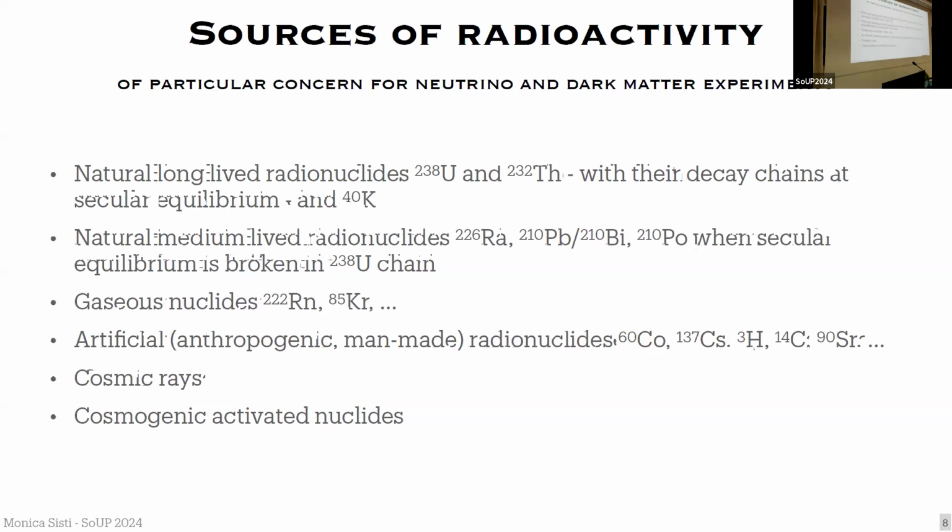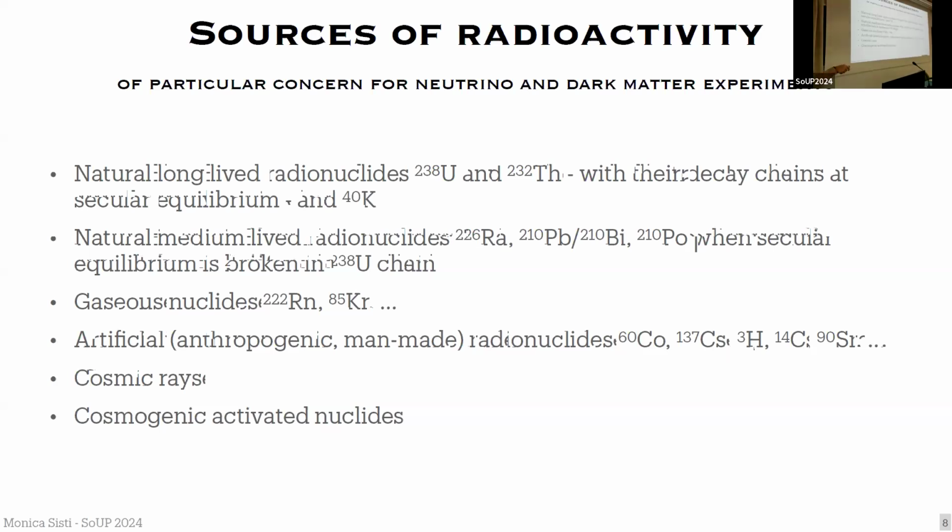Then we have the artificial, or anthropogenic, man-made radionuclides, which are the result of the nuclear weapon tests in the 50s and 60s of the previous century, basically cobalt, cesium, carbon, and then there are the nuclear accidents.